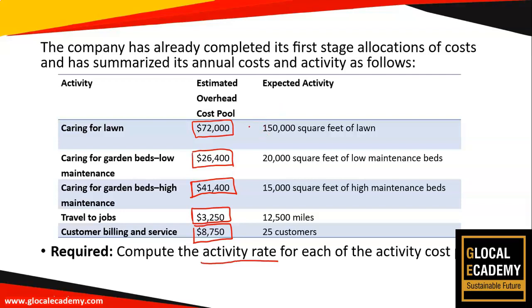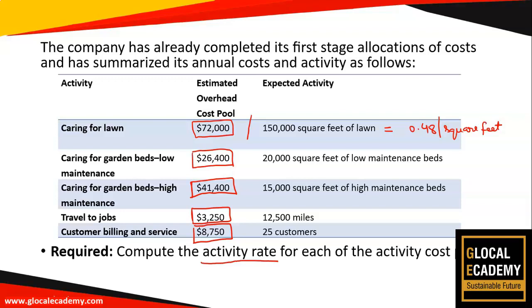So if we divide the overhead cost by the total of that activity measure, 72,000 divided by 150,000, that gives us an activity rate, and that is 0.48 per square feet. So we call this an activity rate. What we do is divide overhead cost by the total of the relevant cost driver.